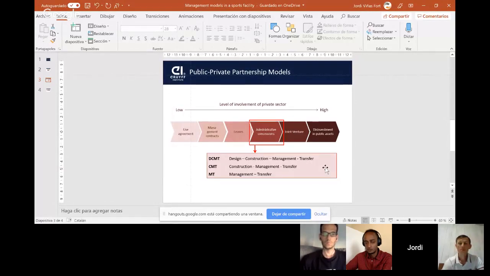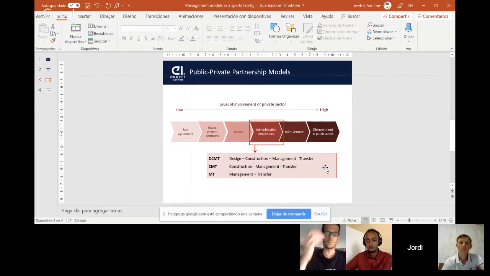If we focus for a minute on administrative concessions, you can see that there are models built on four steps: design, construction, management, and transfer. These are the four steps we may find in the life cycle of a sports facility.